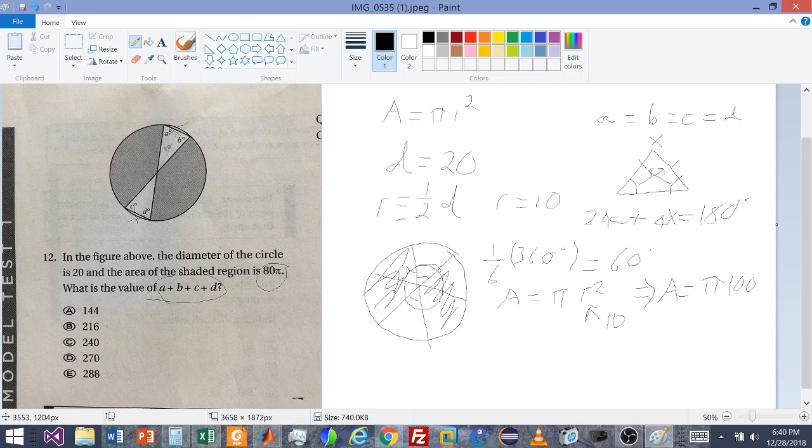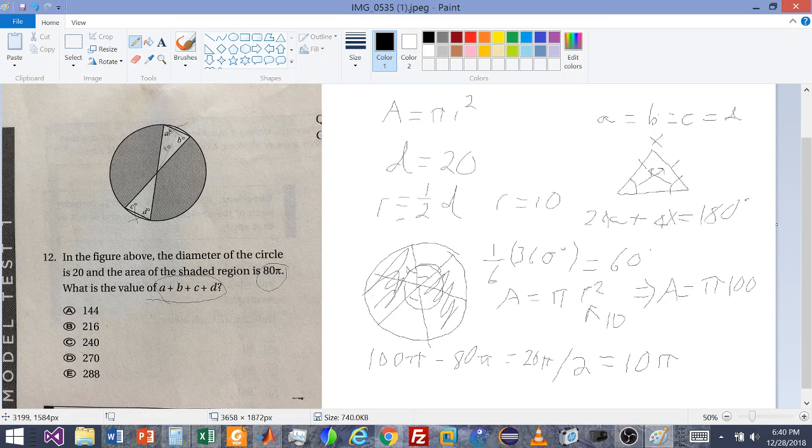Well, we know that the shaded area is 80 pi, so 100 pi minus 80 pi gives us 20 pi. So the slice of missing pieces is equal to 20 pi, and there's 2 of them. If we divide that by 2 for the 2 slices, then each piece is 10 pi.